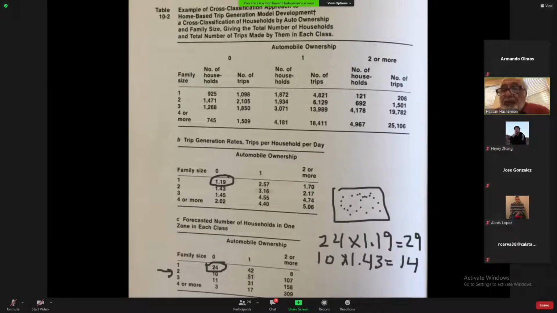So what you have to do is multiply all of these numbers by the trip rates and add them up together to find out how many trips are being made. Any question on that?